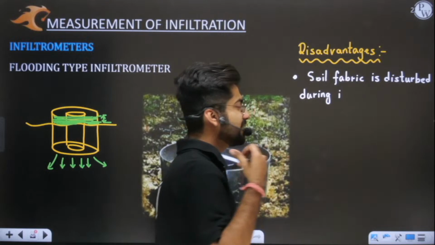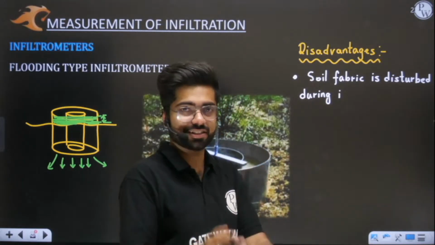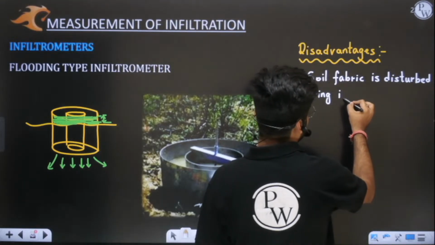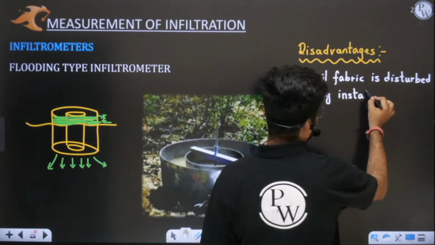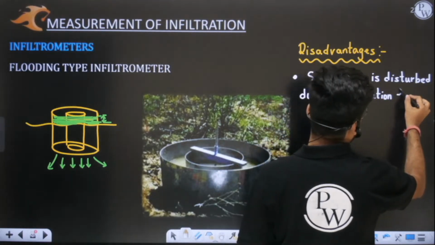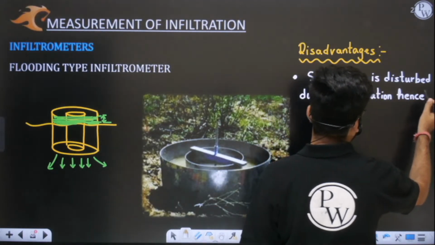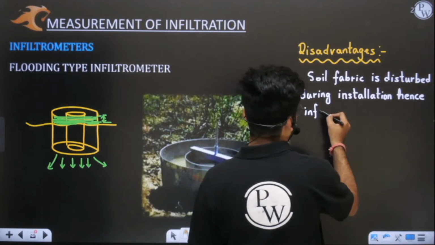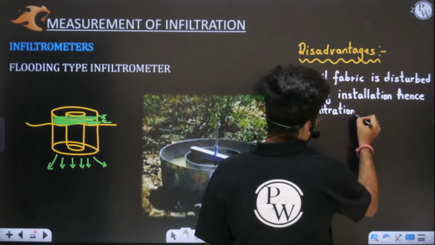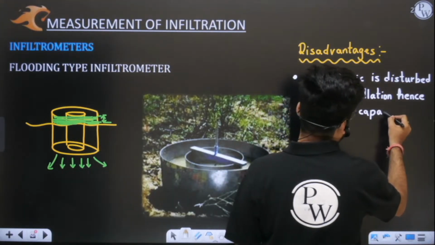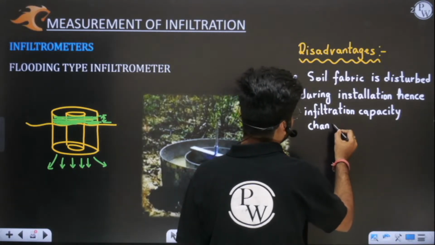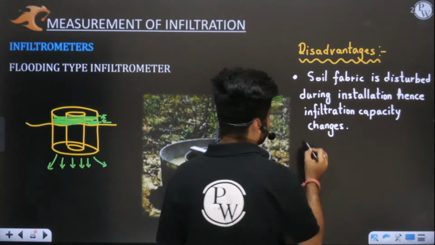Obviously that disturbance will change the infiltration capacity of soil. So soil fabric is disturbed during installation, hence infiltration capacity changes. So this is the first drawback.